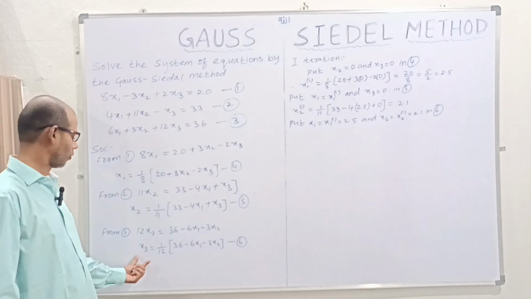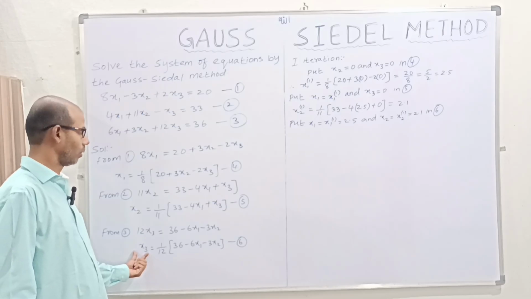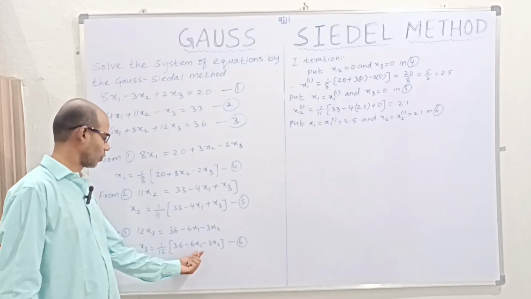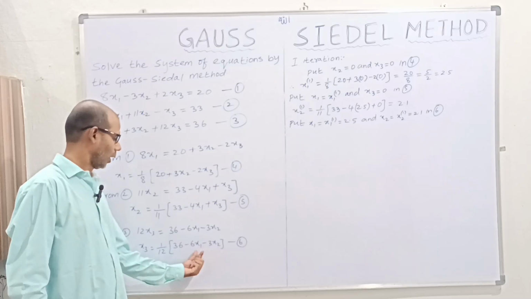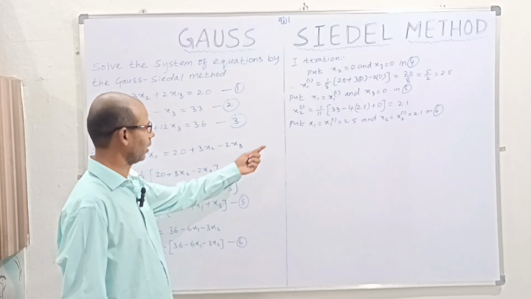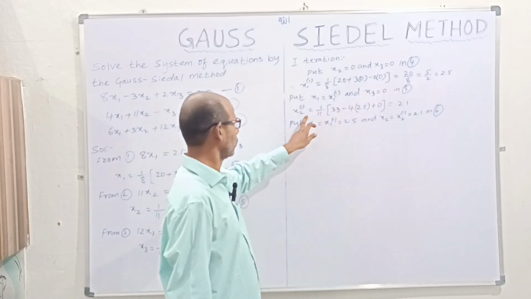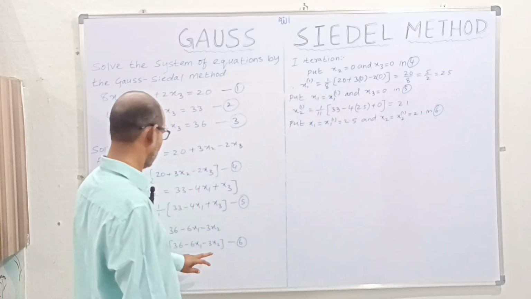So to find the x3 value under the first iteration, we substitute the values of x1 and x2 which have been obtained from the first iteration. So x1 is equal to 2.5 and x2 is 2.1 in this equation.